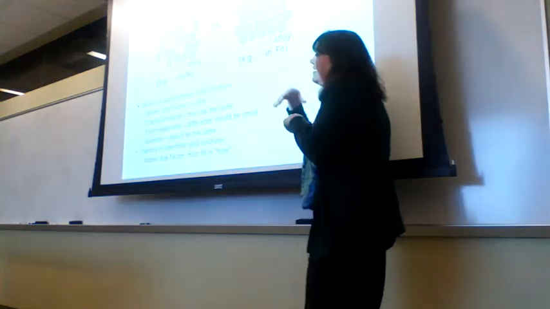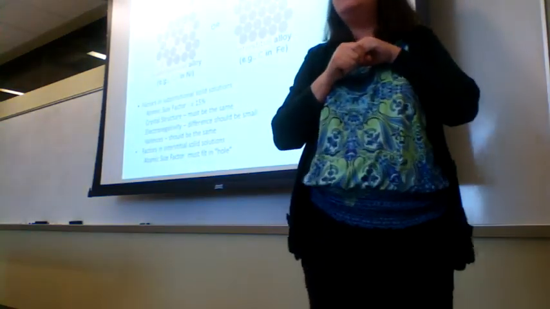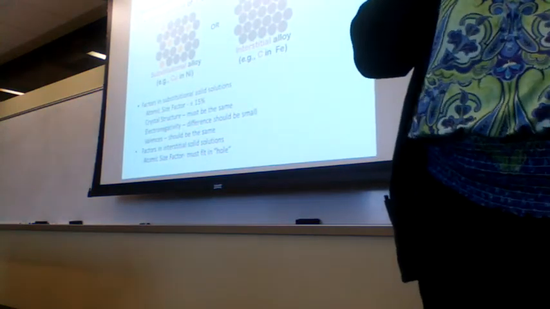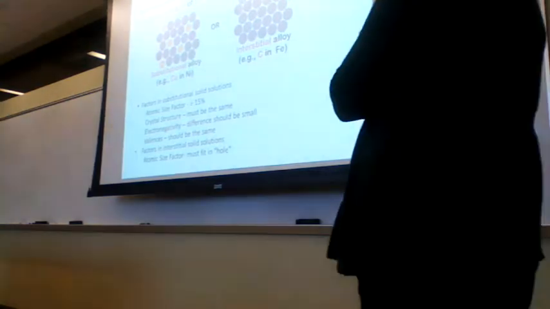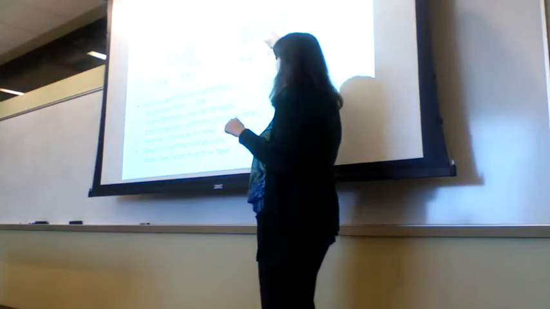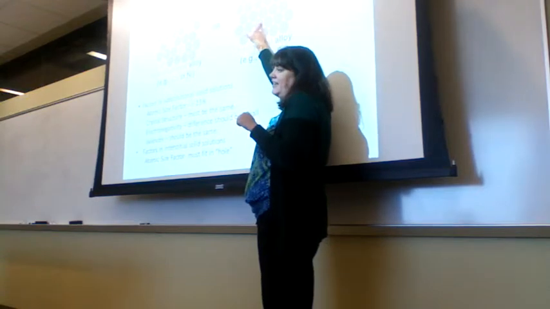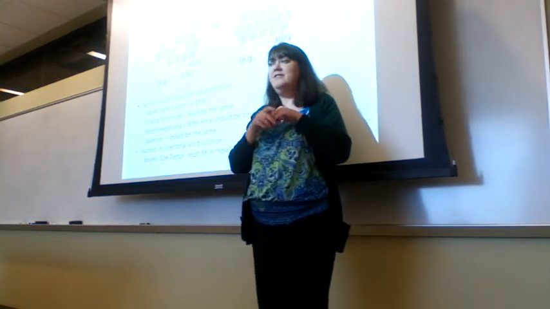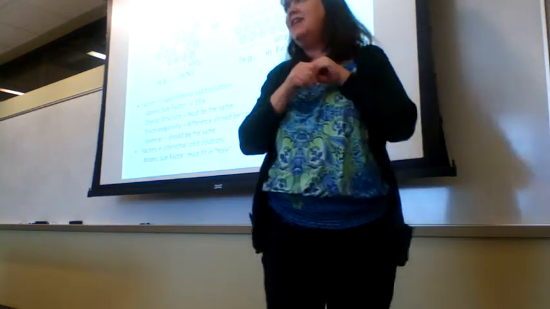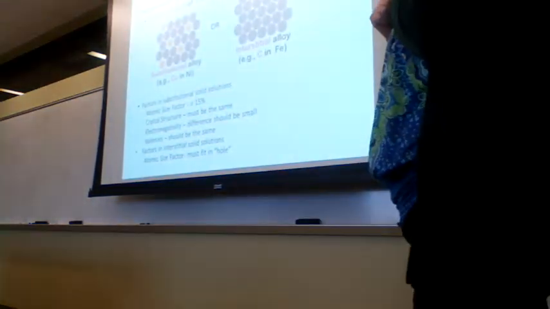Less common are interstitial alloys, where we put something small into the holes of an alloy. So we've got these little teeny dots in this one. Little teeny dots, carbon inside iron. Carbonized steel makes a really strong iron.